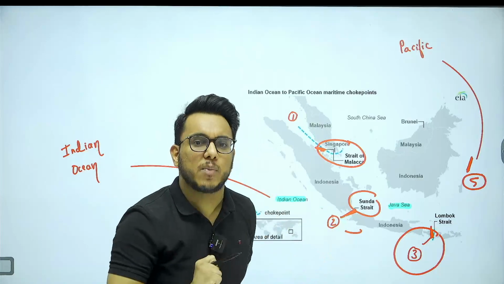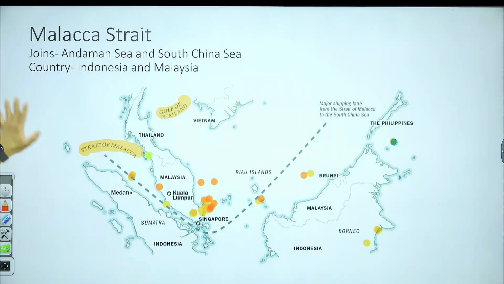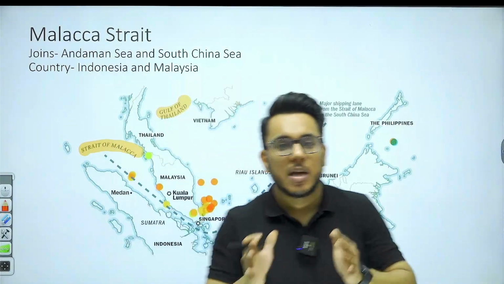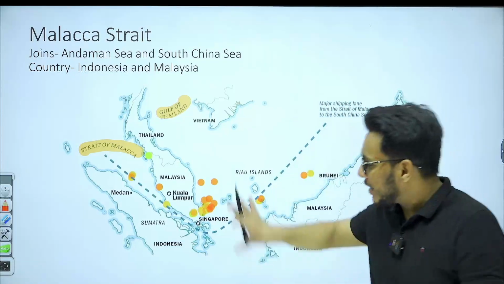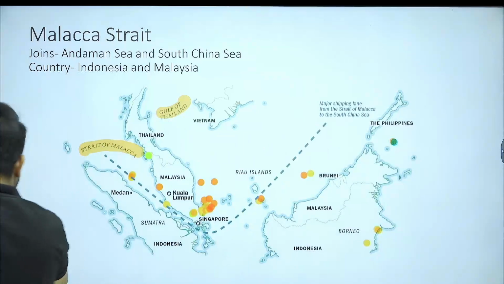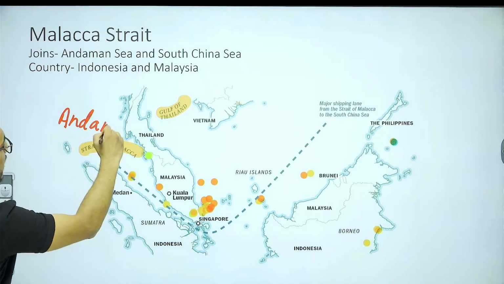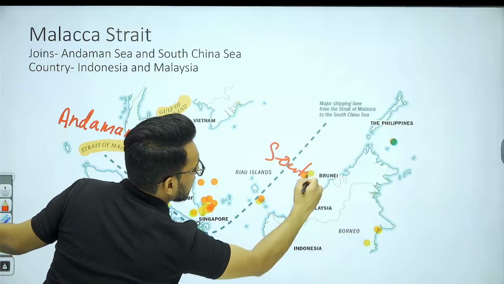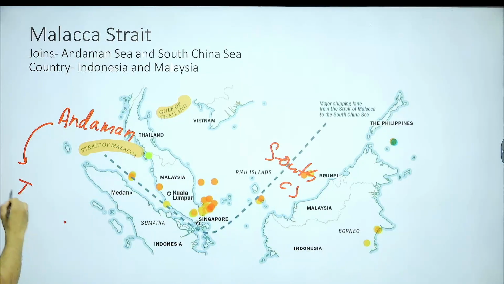Okay, so Strait of Malacca, Sunda Strait, Lombok Strait, Makassar Strait. Let's discuss them one by one in detail. First is the Malacca Strait. Malacca Strait is referred to as a strategic choke point of Asia. Why? Because this strait connects the Andaman Sea with the South China Sea, and via the Andaman Sea, it connects with the Indian Ocean.